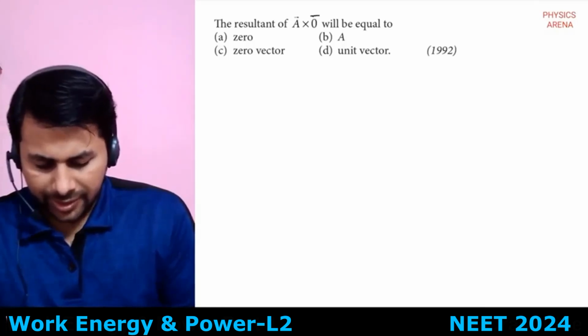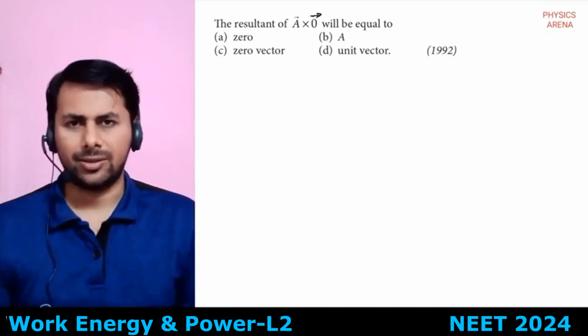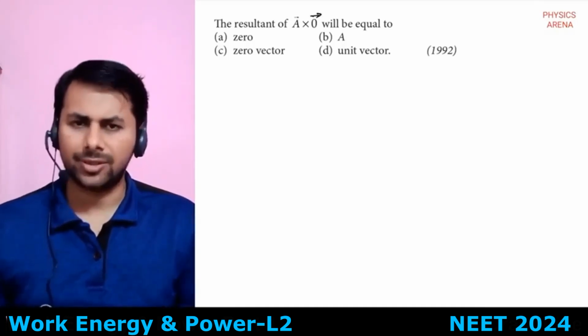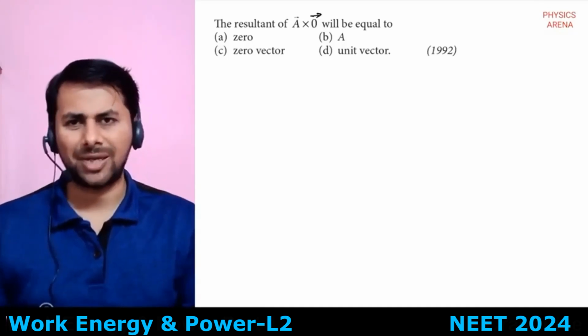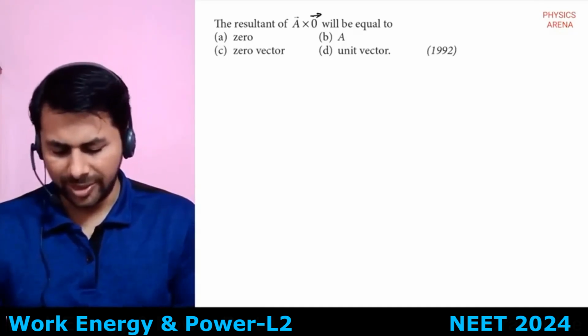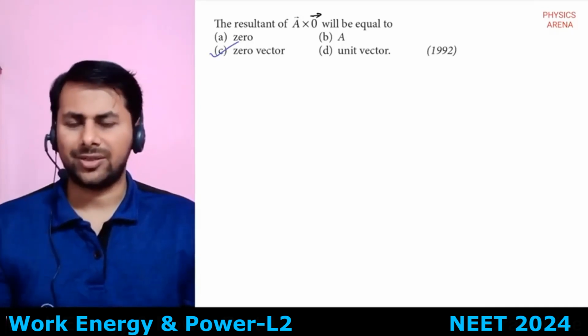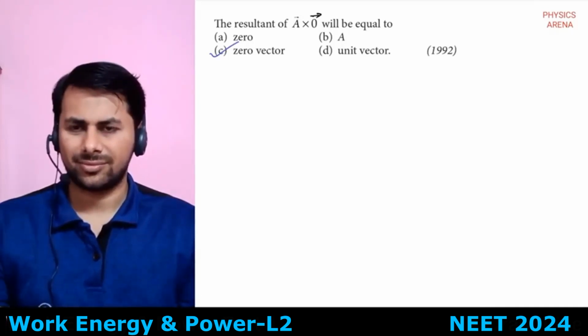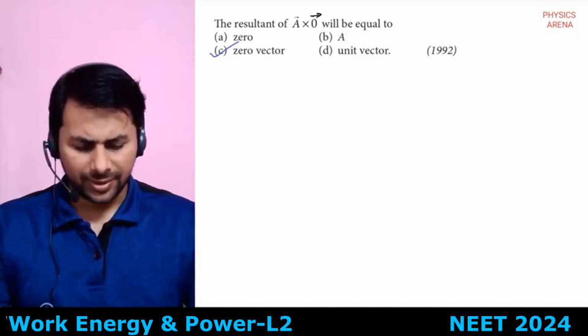But if they say this 0 bar is a vector, and in original question, I guess it is a bar cross 0 bar only. So then its answer would be 0 vector, right?